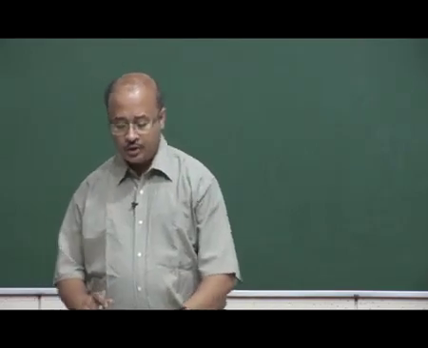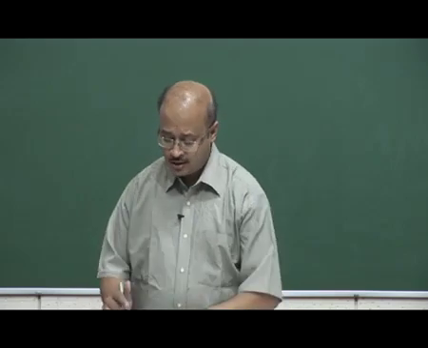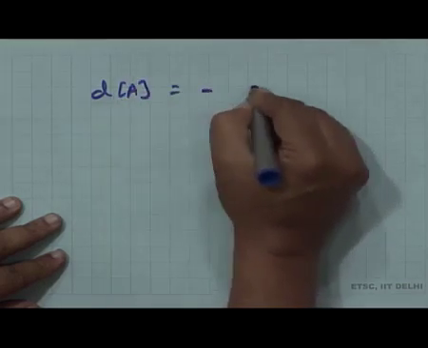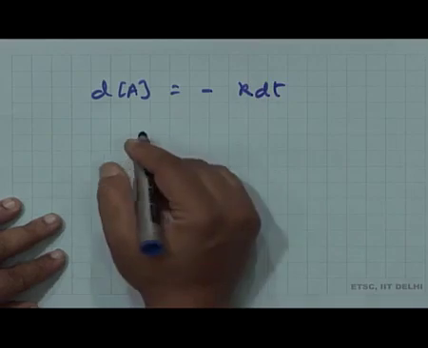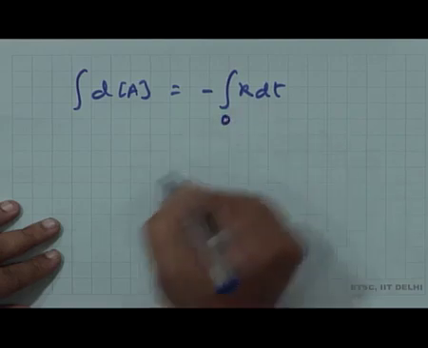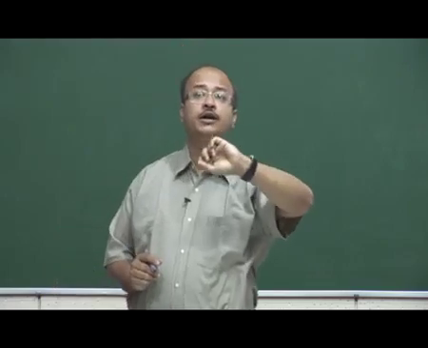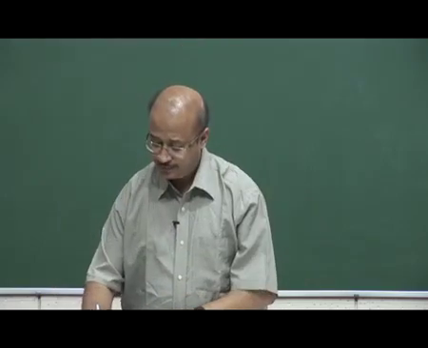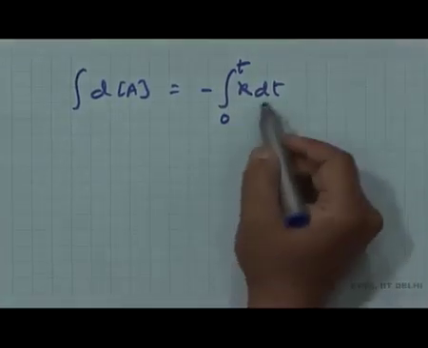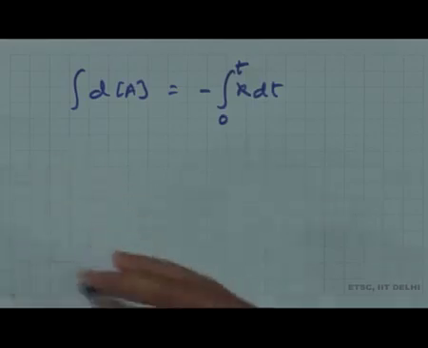So, what we will now do is integrate both sides. The integral of dA is equal to minus K times the integral of dt. We integrate between t is equal to 0, that means the initial time when the reaction has not yet started or is just about to start, and t is equal to t. So, my initial time point is 0 and the final time point is any arbitrary time point t.